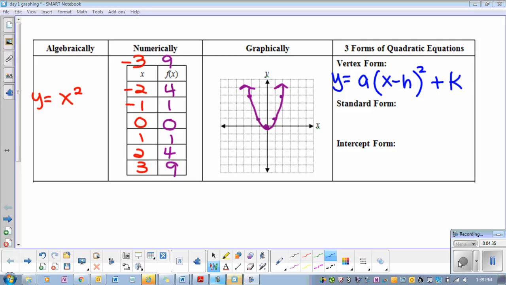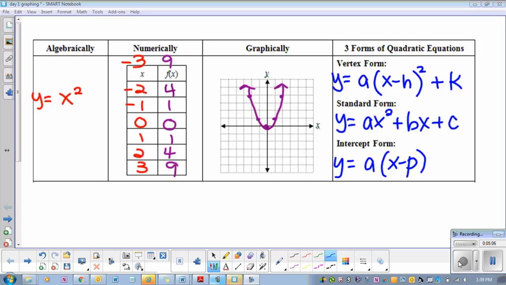And then we have standard form, which is y equals ax squared plus bx plus c. This form we like when we have to use the quadratic formula. And then there's the intercept form.